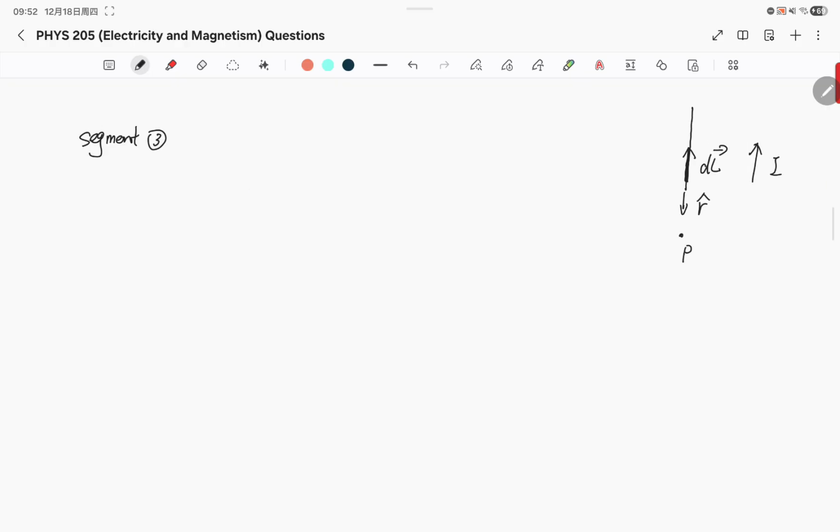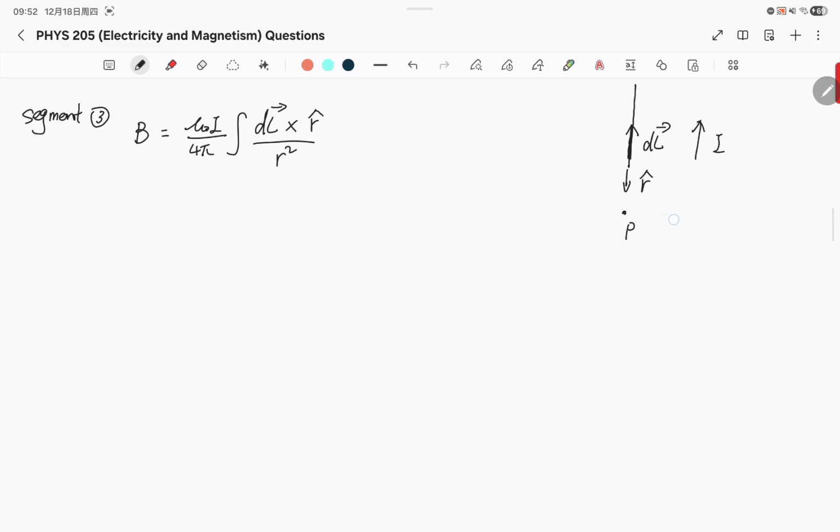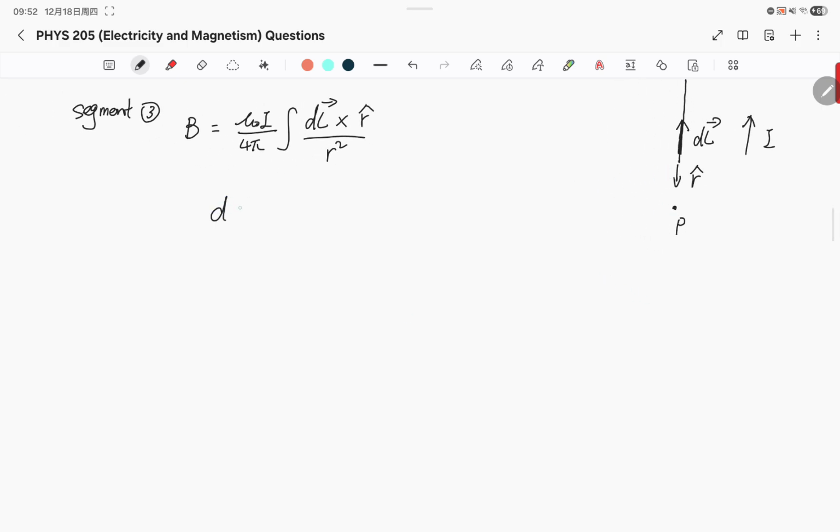And let's write down the Biot-Savart. Mu naught I over 4 pi times the integral of dl cross r hat over r squared. And you see that the part dl cross r hat is equal to dl times r hat, the unit vector with magnitude 1, times the sine of the angle between these two.